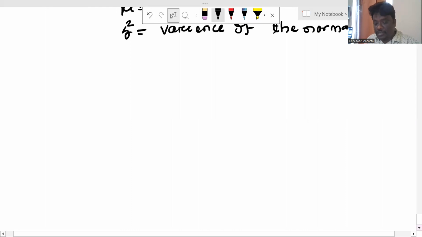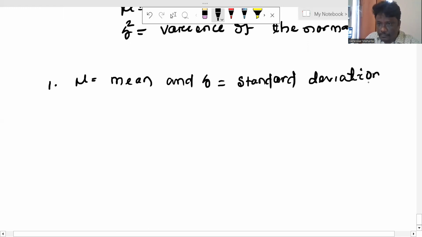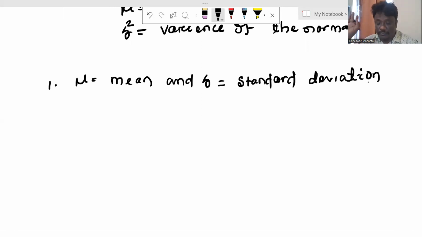Mu is the mean, and sigma is the standard deviation of this problem.